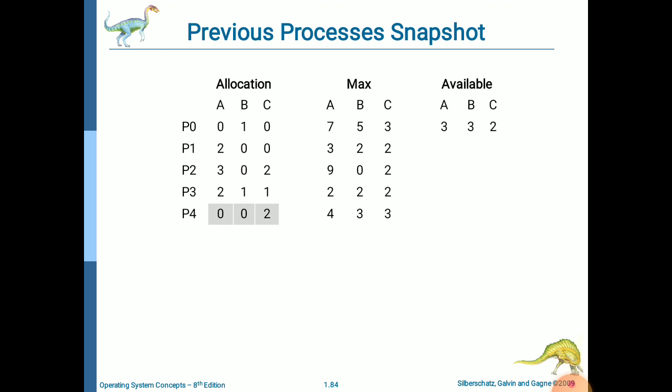We'll look into it. The original snapshot goes this way. P4 has 002 allocated and the maximum requirement is 433. So the additional request to be done is 330.